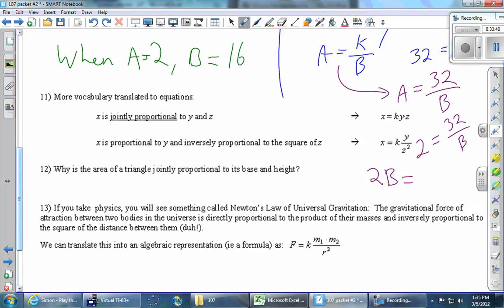So we get 2b is 32. And then to solve for b, divide by 2 and get b is 16. You can see why I like the intuitive way. But do whatever's comfortable.